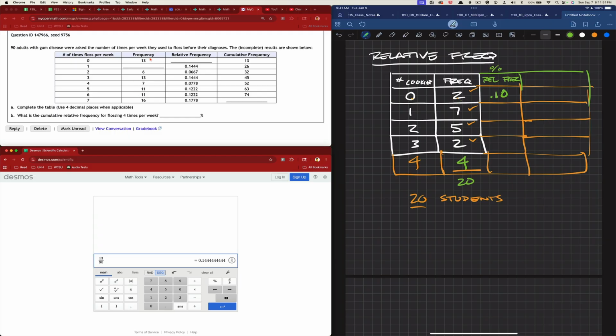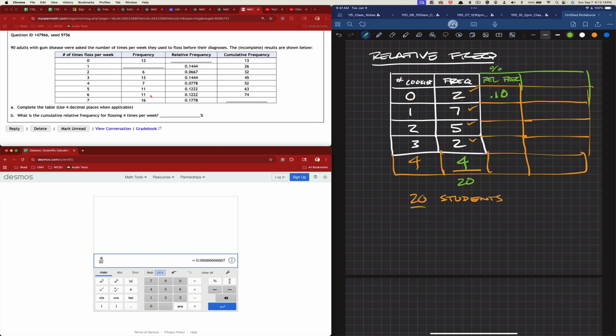So 13 divided by 90 gives me that percentage. The same 13, a different 13, but the same value, divided by 90 again gives me 0.144. 6 divided by 90 will give me 0.0667. Like that. These are all the relative frequencies.